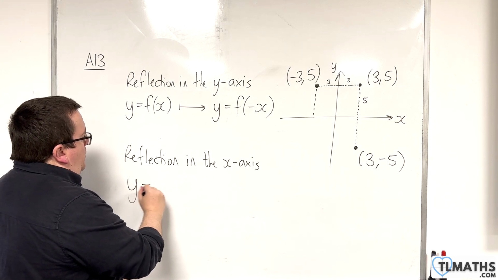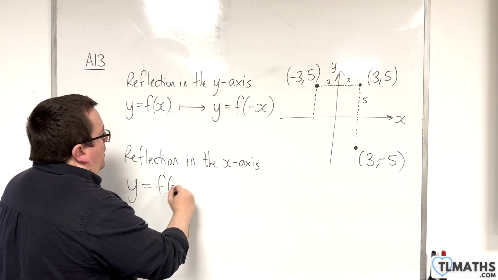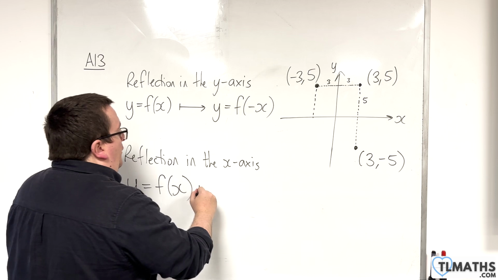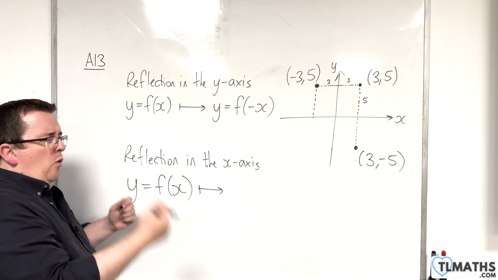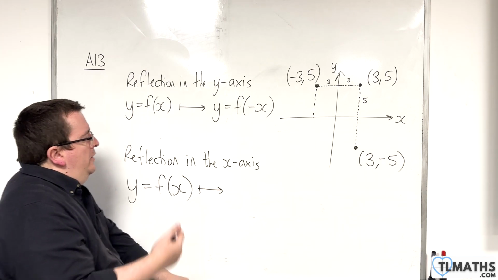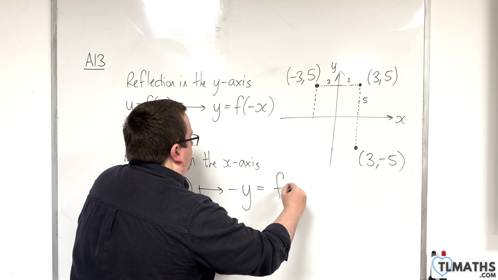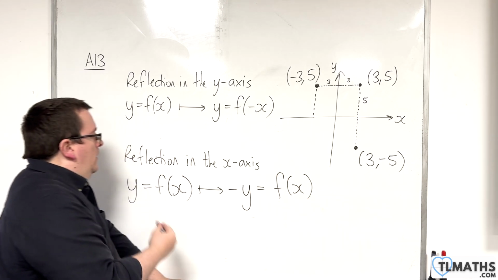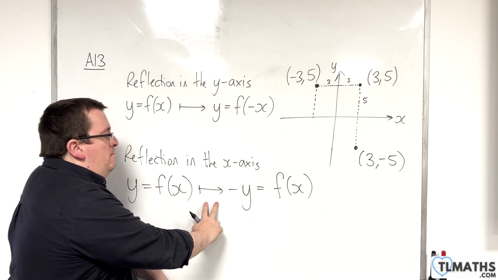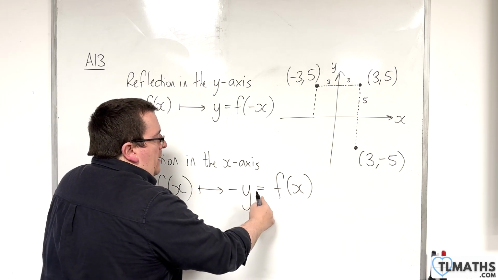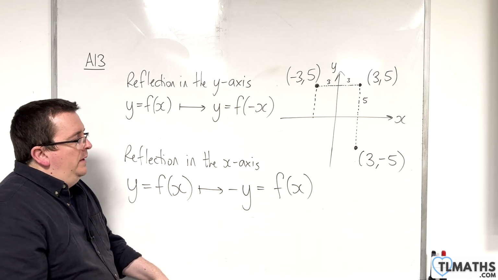So when we write this down, we say that y equals f of x has been mapped to, well, the y has changed sign now, so you could theoretically write it down like this. y equals f of x has been mapped to -y equals f of x.